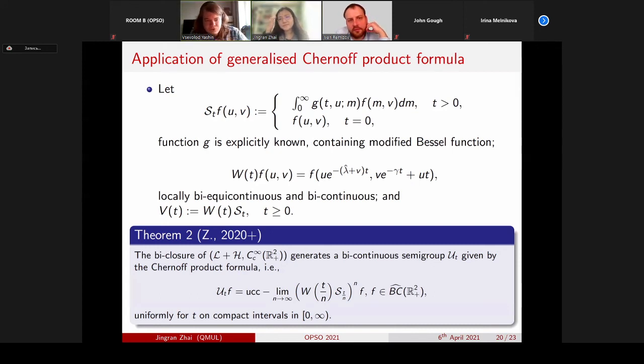And do you somehow prepare a numerical experiment for this or not? For this part, I tried it, but basically, like in the previous talk, the numerical code needs to be done very carefully, especially since our integration is from 0 to infinity. So we need to approximate it very carefully.